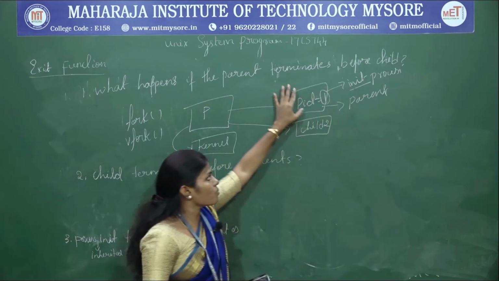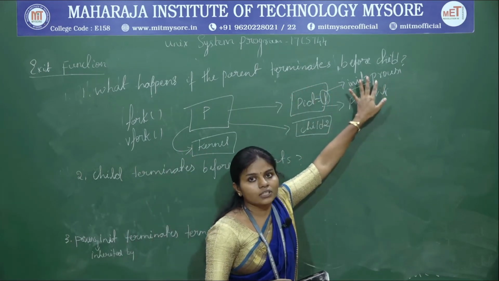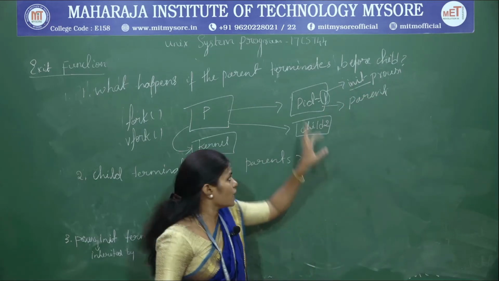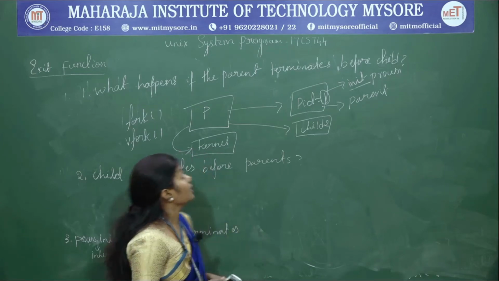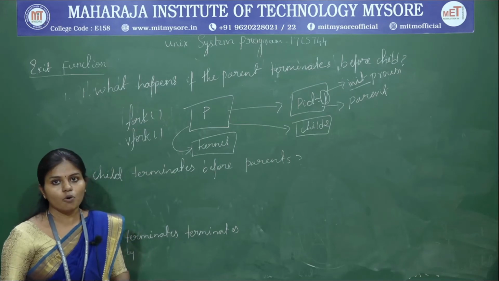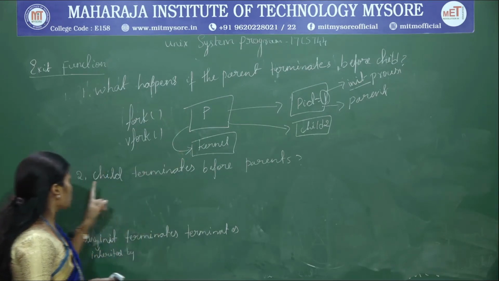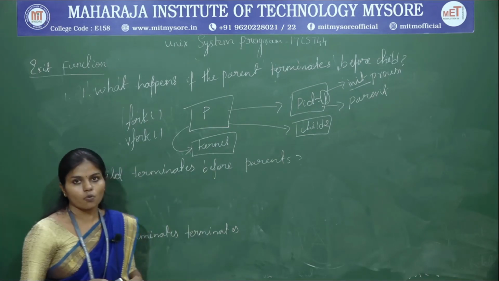So now we make one of the processes an init process. In that case, the init process becomes the parent for all the remaining children, right? That is what happens when the parent terminates before the child. So that is the first question. The next question is: if the child terminates before the parent, what happens?